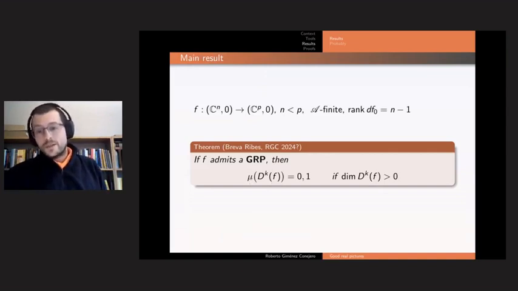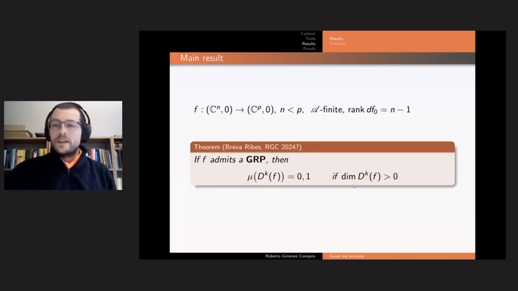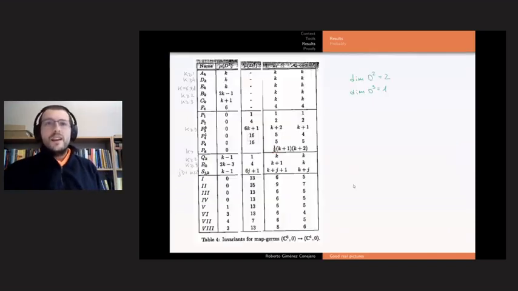So they are either smooth or an A1 singularity, if the dimension is positive. This is one of our main theorems. And I insist, we use all this machinery of the previous tools that I showed you, and something else that I'm going to explain later.